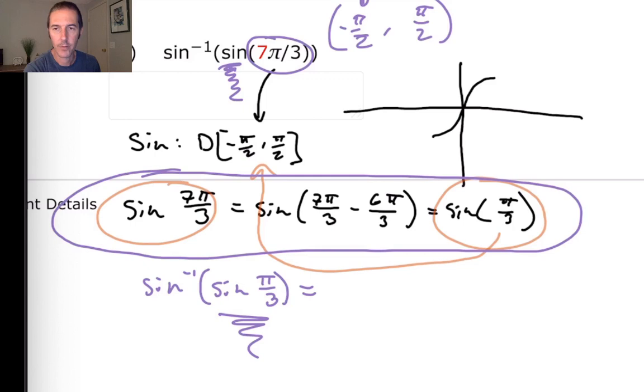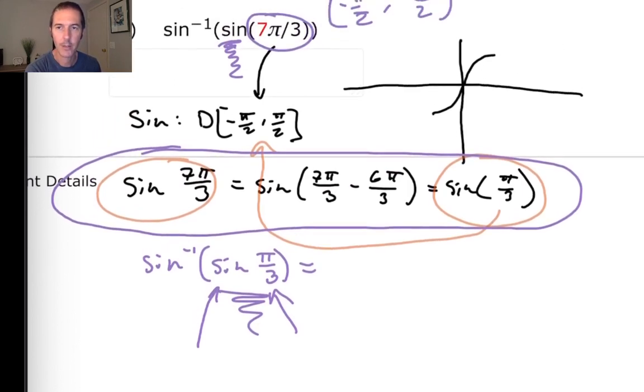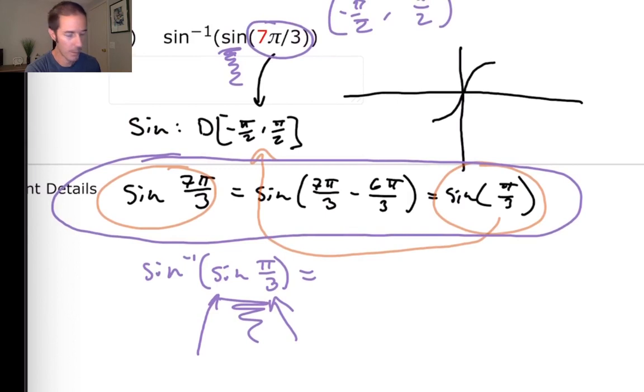We ask ourselves again, is pi over 3 in the domain of the restricted inner function, the sine function? The answer is yes. Therefore, now the inverse sine and the sine will cancel each other out, leaving us with a final answer of pi over 3. So not 7 pi over 3, but pi over 3.